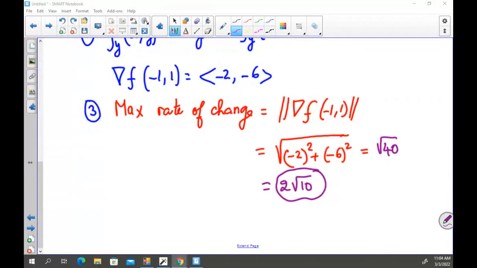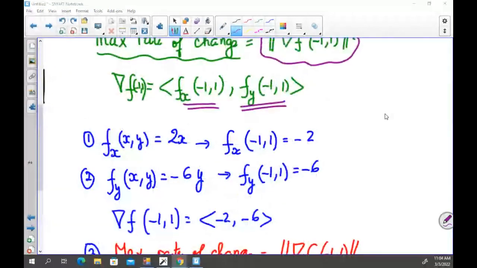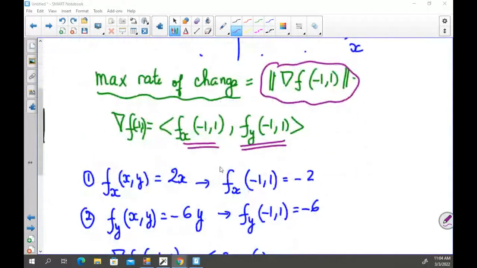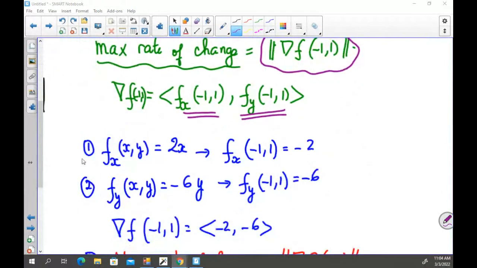Again, if you think about it, there is absolutely nothing difficult here. If you know the rule, this is very easy. You are looking for the maximum rate of change. What is the first step? Fx, and fx at the point that you are given. Second step, fy, fy at the point.